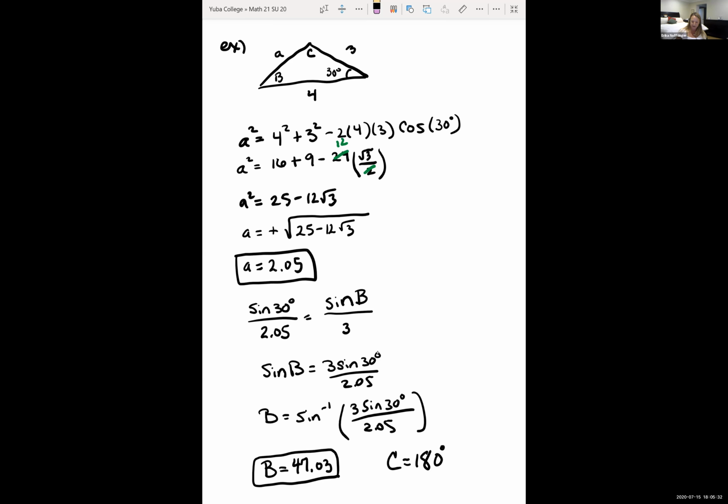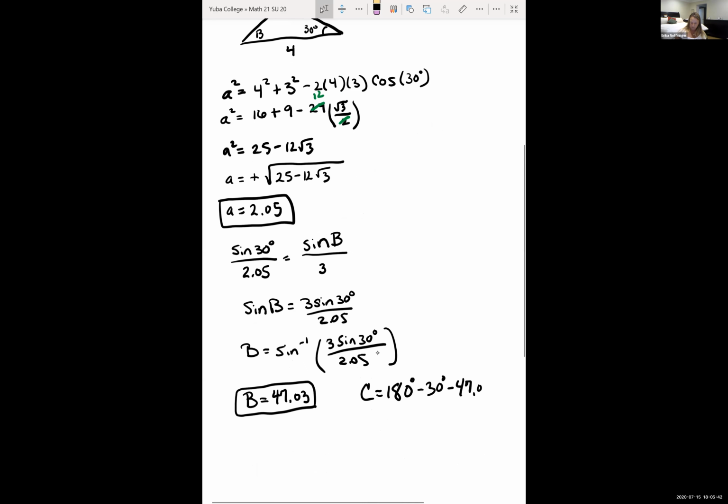So 180 degrees minus the 30 degrees that we were given, minus the 47.03 degrees, so 150 minus 47.03, which is approximately 102.97 degrees.